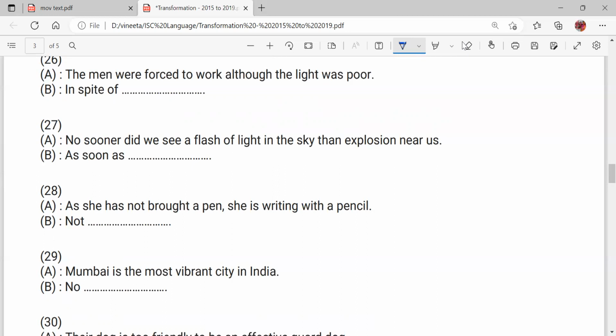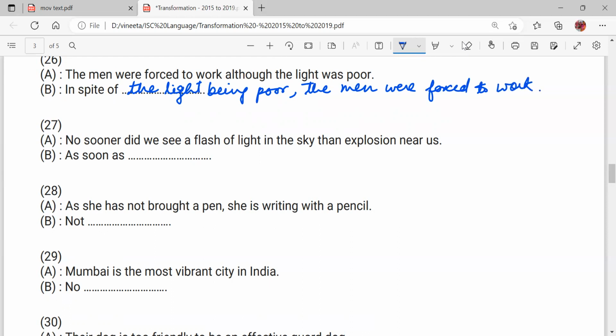In spite of the light being poor, the men were forced to work. Or some children may write it as in spite of poor light. That can also be fine, right?